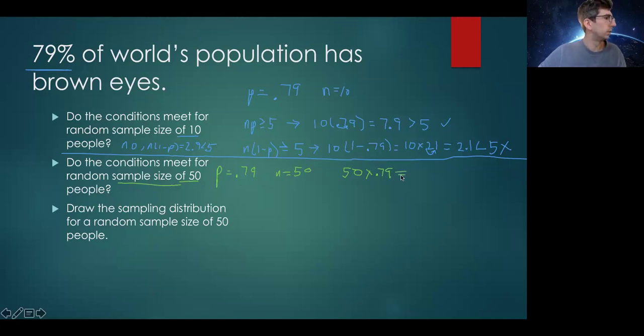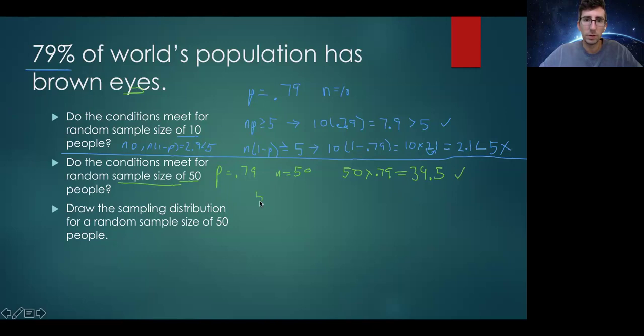Let's see what this is equal to. 50 times 0.79 is equal to 39.5. So that works. That is greater than 5.